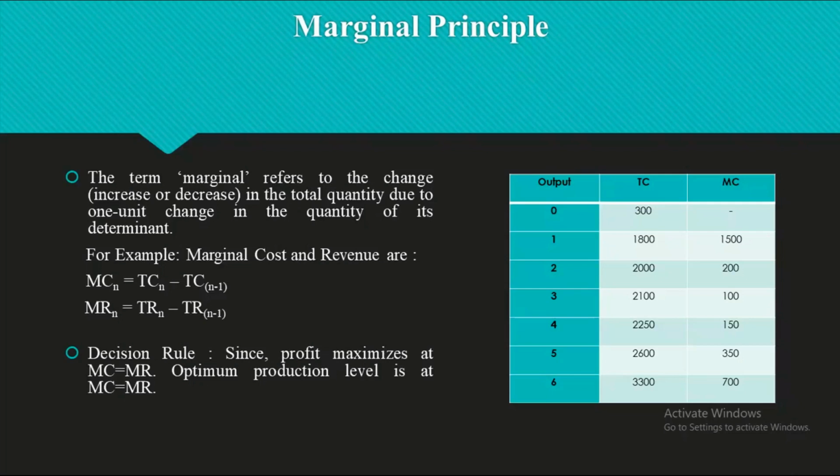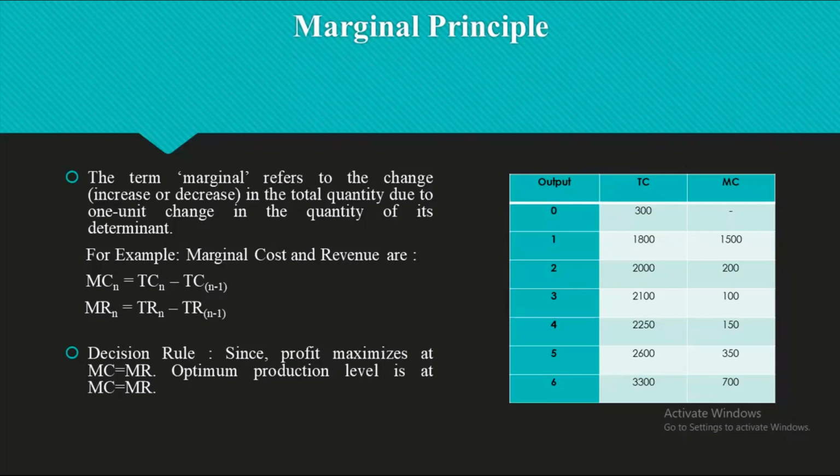So marginal cost, or the concept of the marginal principle, helps in determining both the cost and the revenue. Now, the rule is, when you want to maximize the profit in a competitive market, the rule of thumb is when the marginal cost is equal to the marginal revenue, at that level profit is maximized.